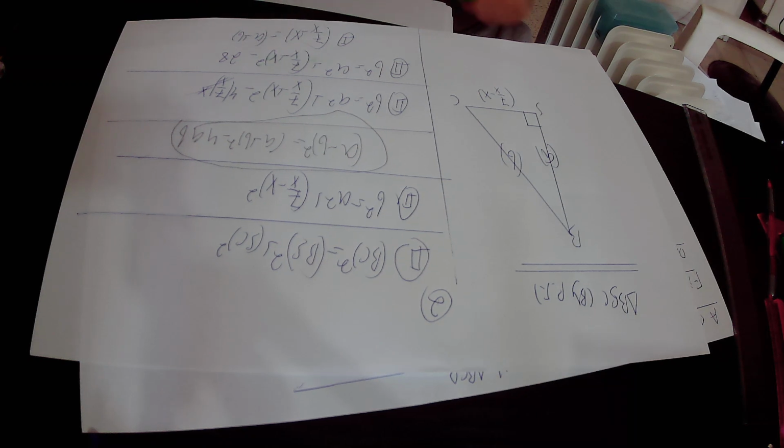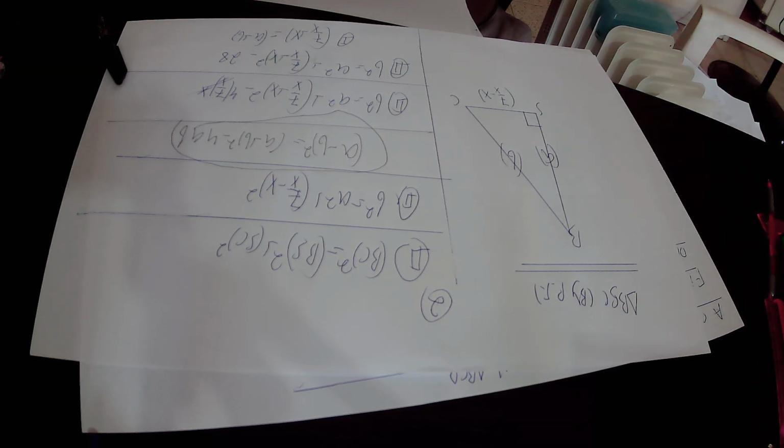Therefore, we can substitute 7 over X plus X in this equation 2 by A plus B from equation 1. We'll do it now, and we get that according to this equation 2, we have B squared, that is equal to A squared, plus (7 over X plus X), which is A plus B, and therefore (7 over X plus X) squared will be equal to (A plus B) squared minus 28.